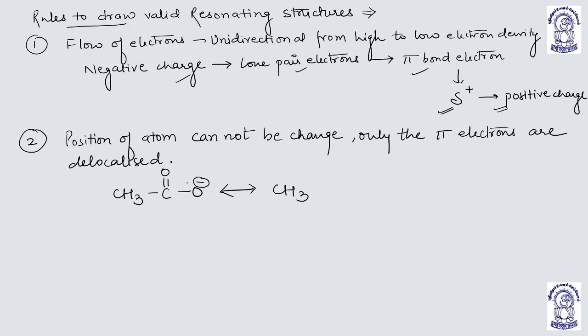The negative charge alternate to pi bond: only the pi electrons are delocalized. The position of the atom remains the same. This is the resonating form.